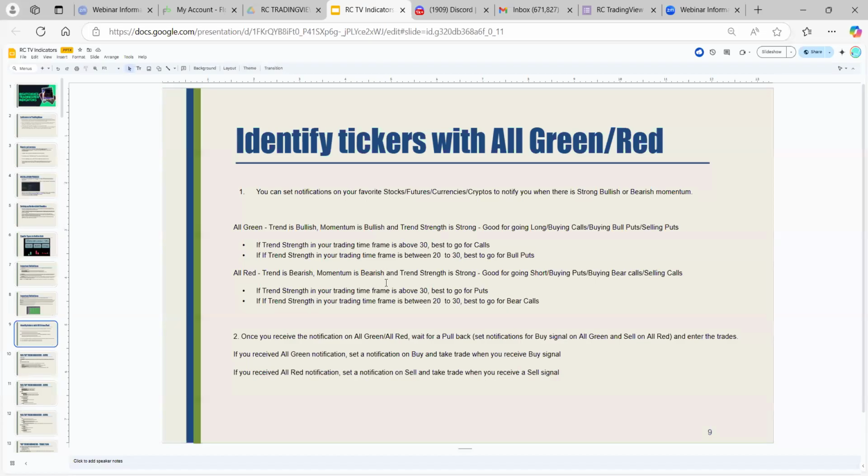Then TradingView will tell you that crude oil is very bearish or ES is very bullish, NQ is bullish, Bitcoin is bullish, Ethereum is bullish.